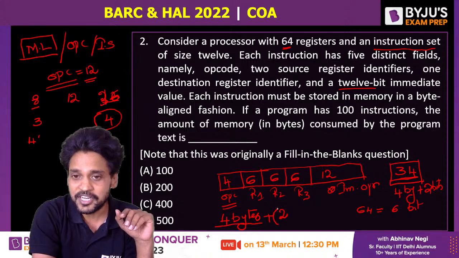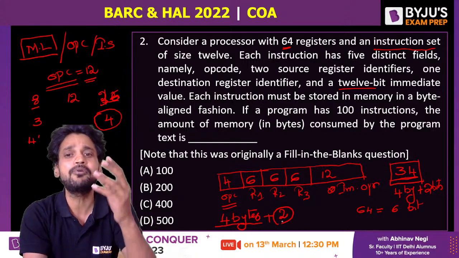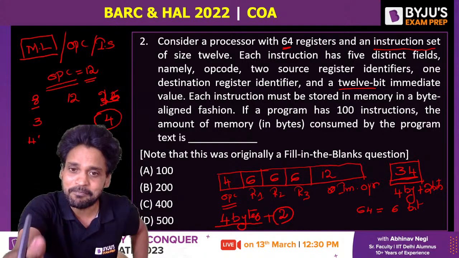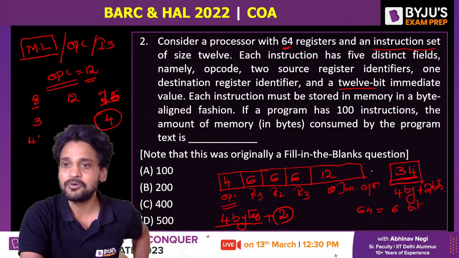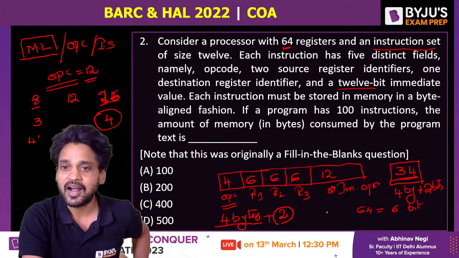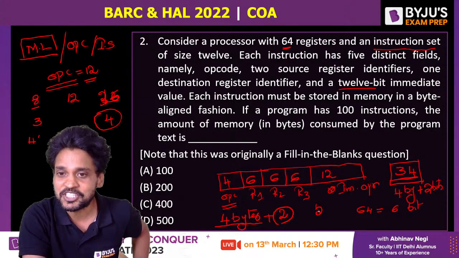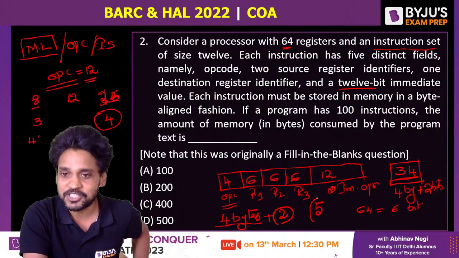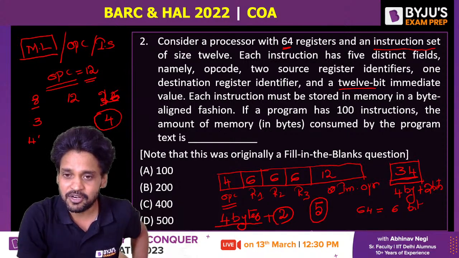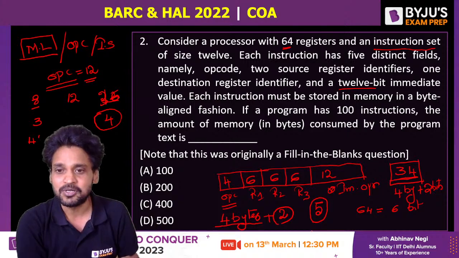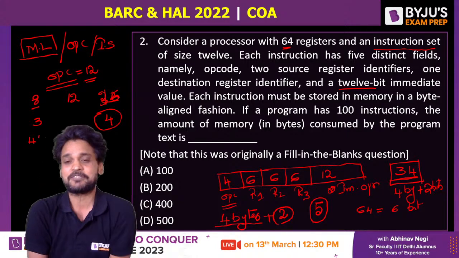For these 2 additional bits, what to do? You don't have to do anything. You need to obtain the complete byte. So, in order to represent 34 bits, I require 5 bytes. For one instruction, I require 5 bytes. Right? The instruction register size within the processor must be equal to 5 bytes.